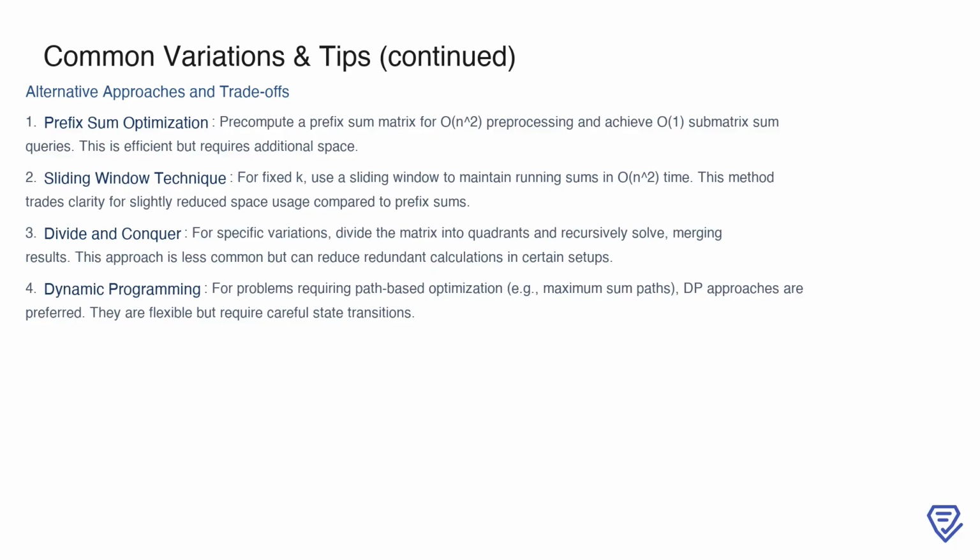Finally, dynamic programming is an excellent choice for variations that require path-based optimization, such as finding maximum sum paths. While highly flexible, dynamic programming requires careful attention to state transitions to ensure correctness. Each of these methods has its strengths, and the choice of approach depends on the problem's constraints and requirements.